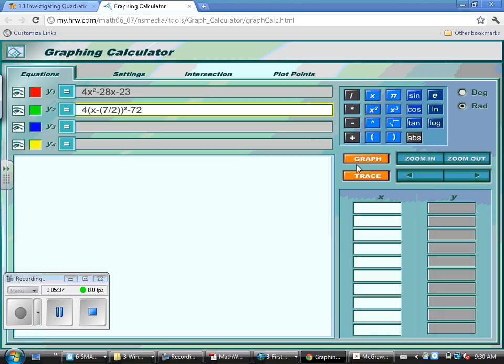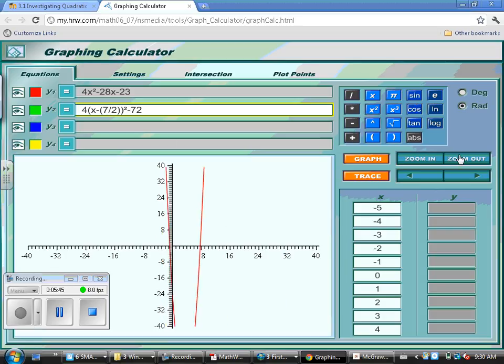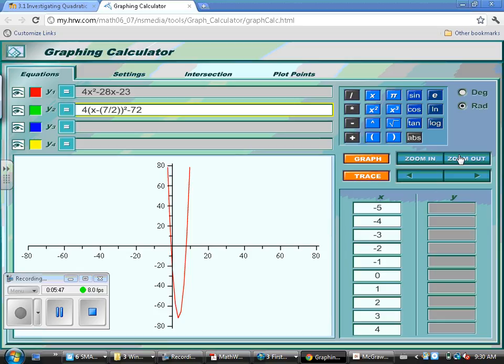Then when I hit graph, it should graph them both. I'll zoom out a little so you can see it. That vertex is way down there at a y value of negative 72, and it even crosses the y-axis at negative 23. So that's why we have to zoom out so much.